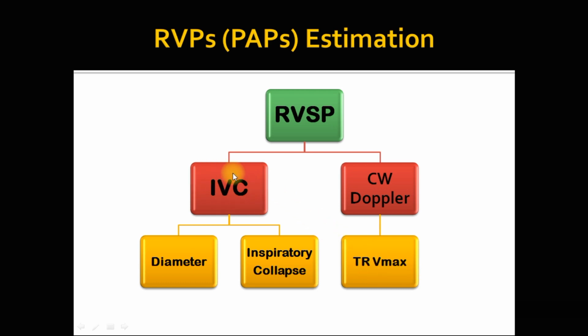We need to see the inferior vena cava to measure its diameter and to see whether it collapses with inspiration and the degree of collapse in order to estimate the right atrial pressure. When we have the right atrial pressure and the maximal velocity of tricuspid regurgitation, we can get the right ventricular systolic pressure.